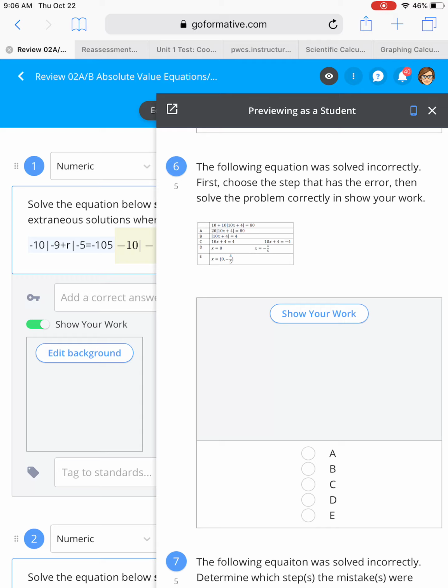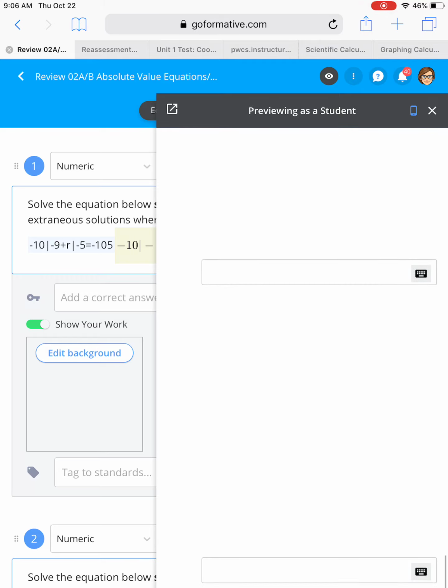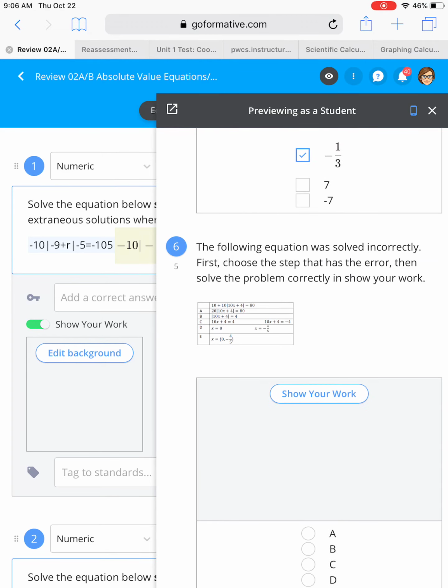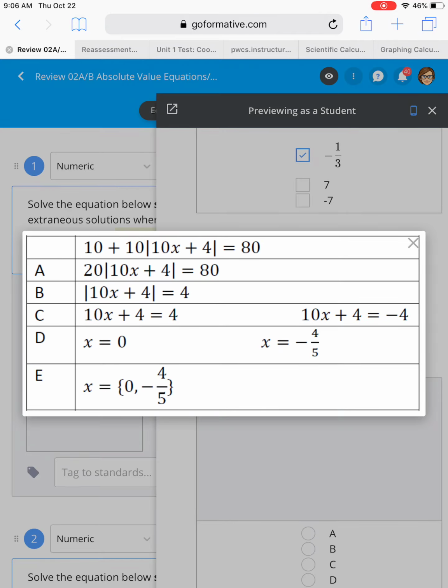Okay, number 6. It says the following equation was solved incorrectly. First, choose the step that has the error, then solve the problem correctly and show your work. Okay, so I'm looking through here and I already see the first problem. They did 10 plus 10 and they ended up with 20 there.